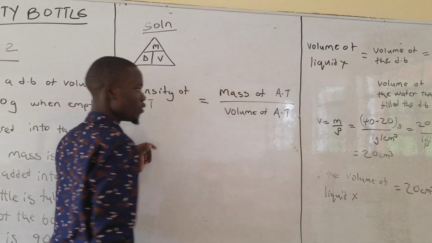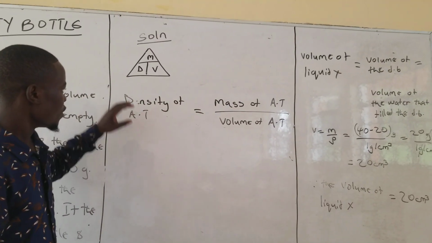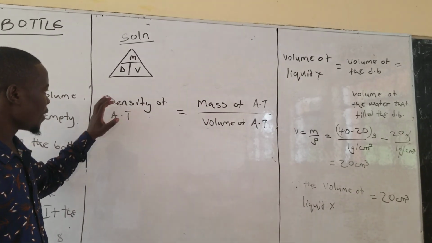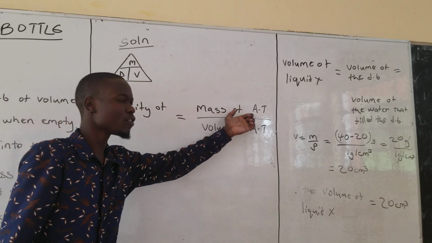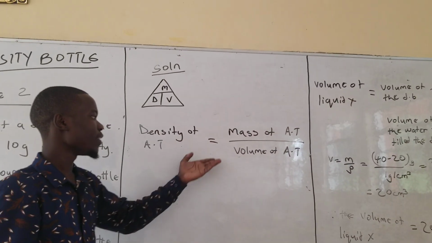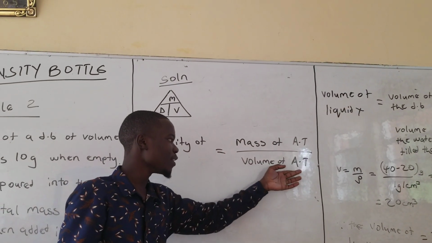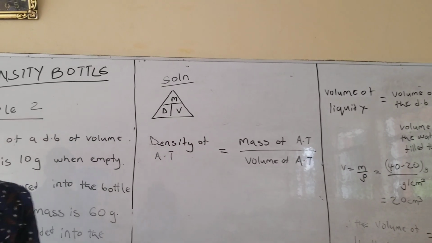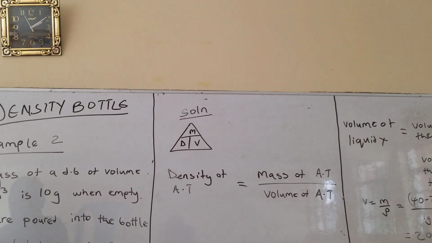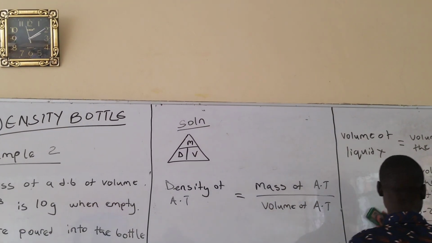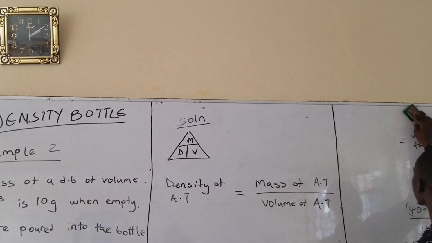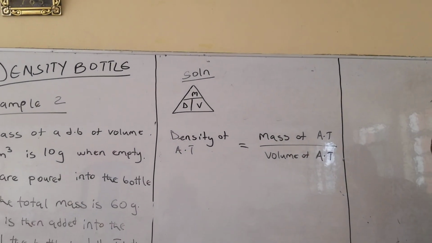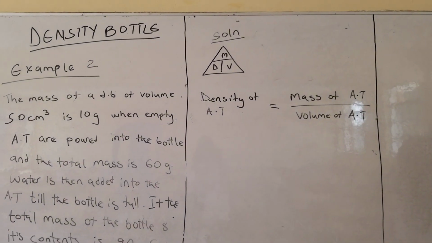We remember we are going to use a density bottle, and we have to get the mass of aluminium tannings, and at the same time the volume of aluminium tannings. I want us first to interpret this question on this other side of the board, so as to get an easy time calculating it.